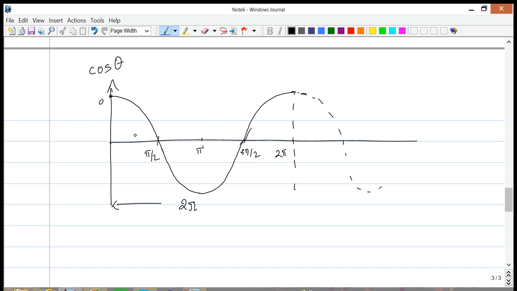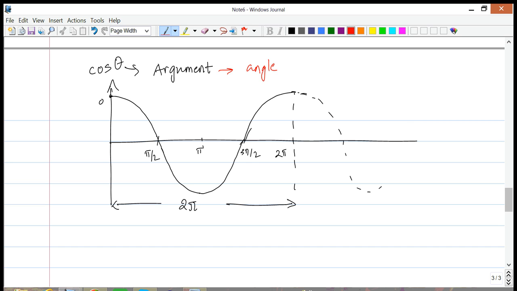So we know that the period, and again this is not the time period, let's understand this. The theta here is always going to be an angle. When you write cosine of theta, the theta, which is the argument, is always going to be some kind of an angle.